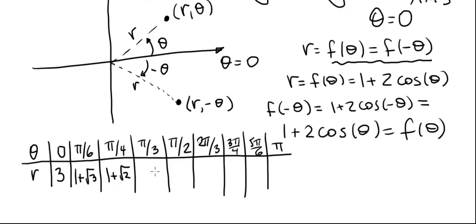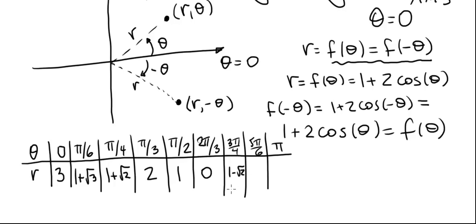At pi over 3, cosine is 1/2, times 2 is 1, plus 1 gives us 2. Cosine of pi over 2 is 0, plus 1, r is 1. At 2 pi over 3, cosine is minus 1/2, times 2 is minus 1, plus 1, r is 0. At 3 pi over 4, we get 1 minus square root of 2.